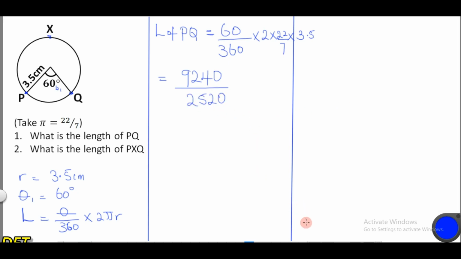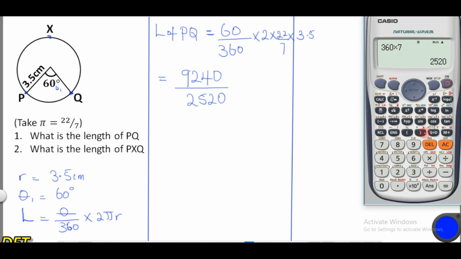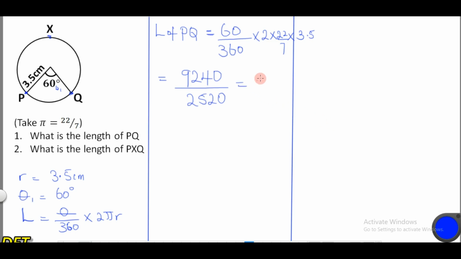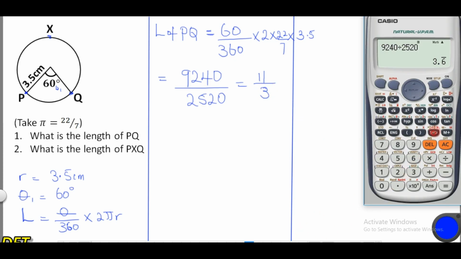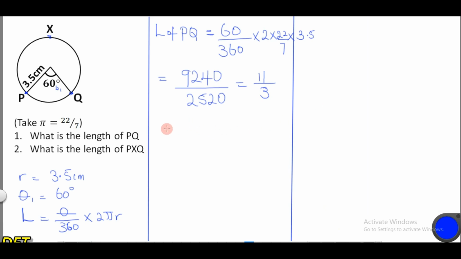If I divide 9240 by 2520, that will be equal to 11 over 3. If I convert that to decimal, that gives 3.6666 to infinity.